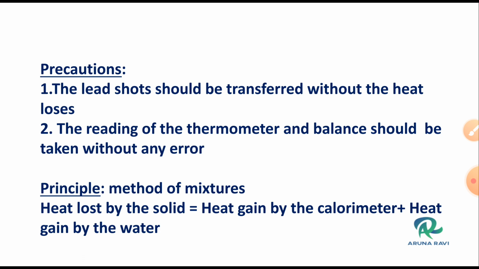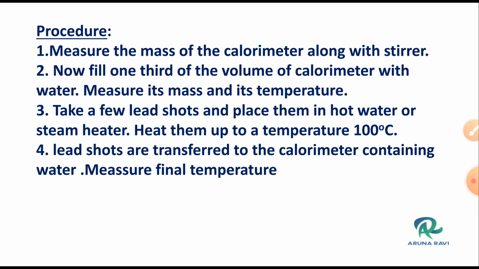Immediately we have to transfer the solid into the calorimeter, and also take the thermometer and balance readings without any errors. The principle is the method of mixtures: heat lost by the hot solid is equal to heat gained by the cold body. Here heat lost by the solid is equal to heat gained by the calorimeter and water.